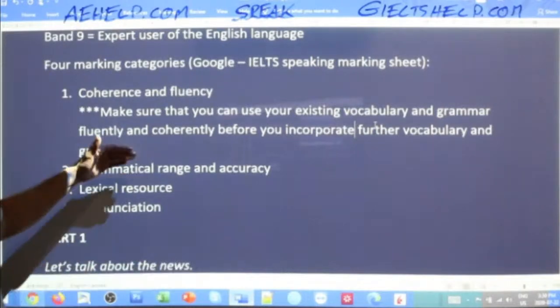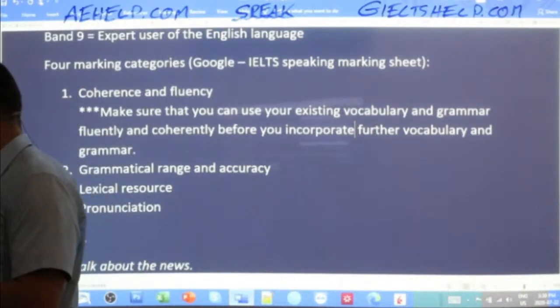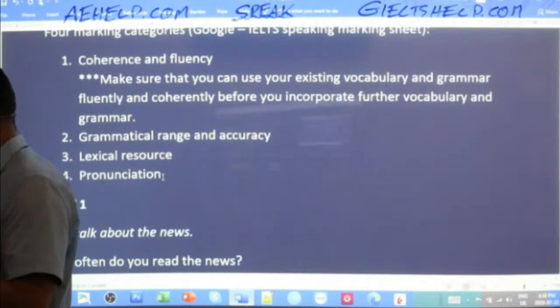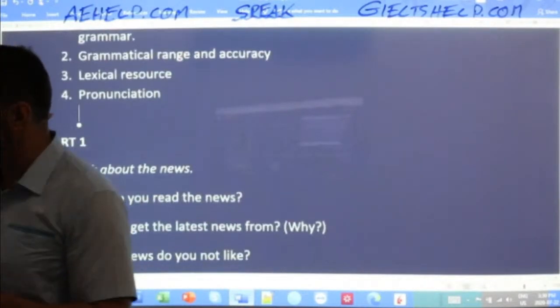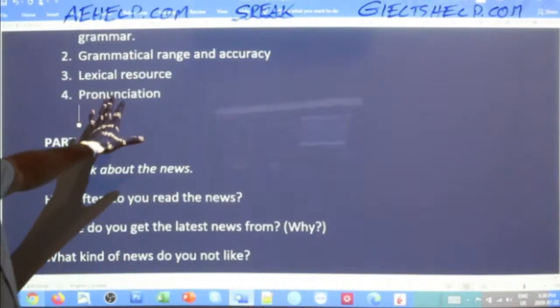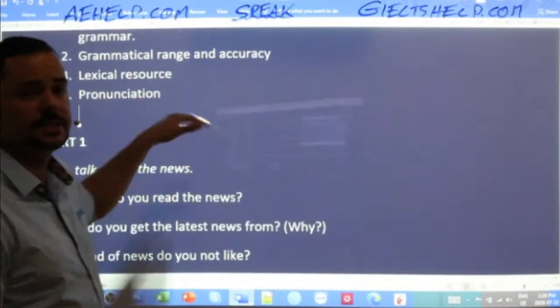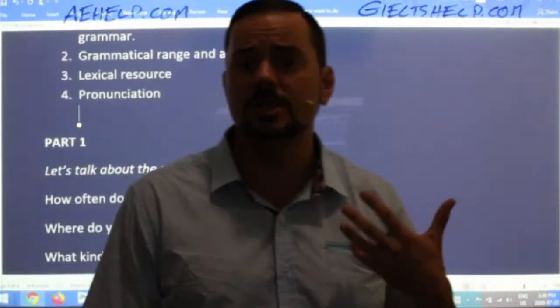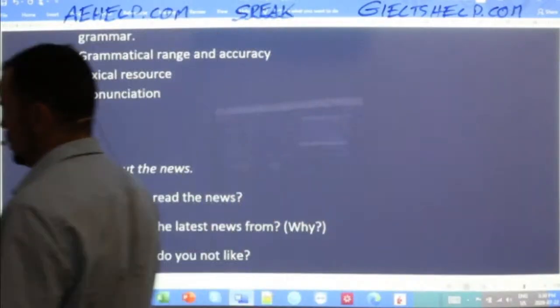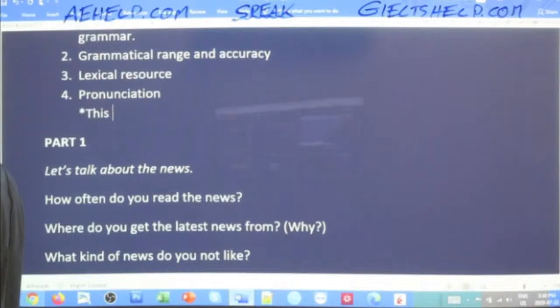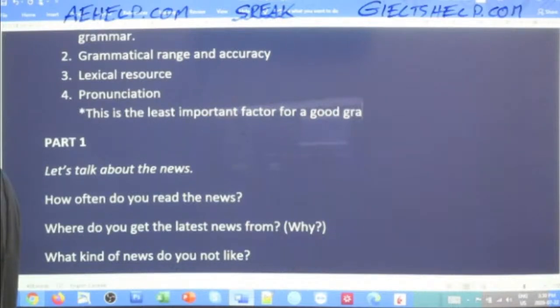Now, all of these are connected, and another quick note, so I'm not going to spend all day on this right now: students put a lot of emphasis on pronunciation. Students think that pronunciation is really important. It's actually not. This is the least important factor for a good grade or band score on the speaking.